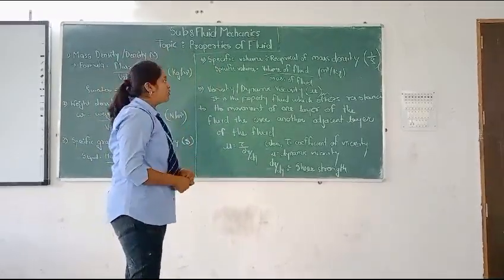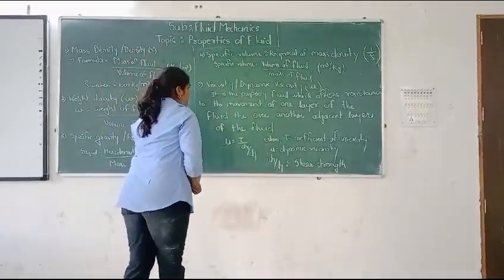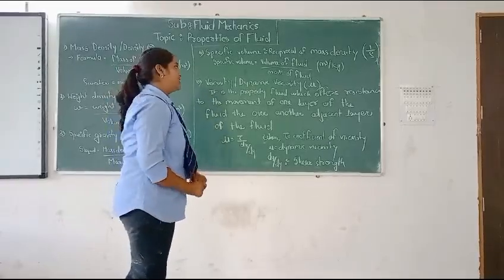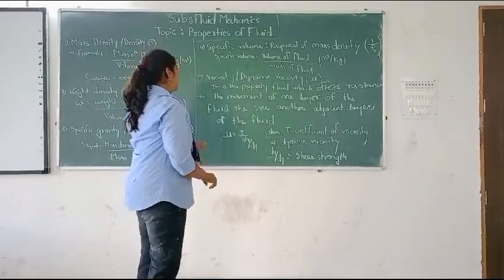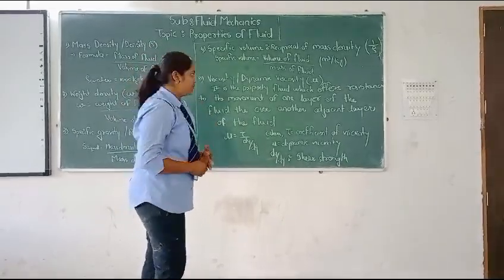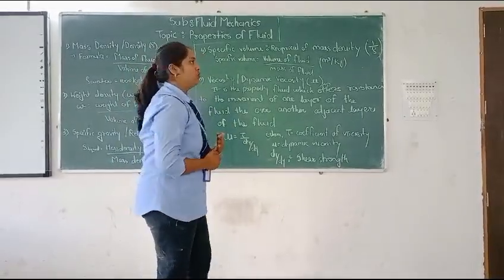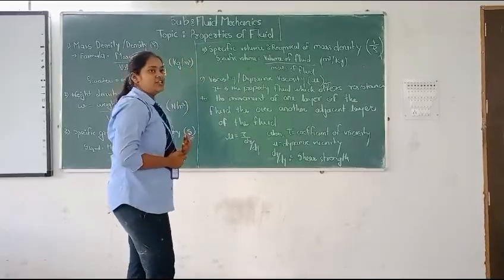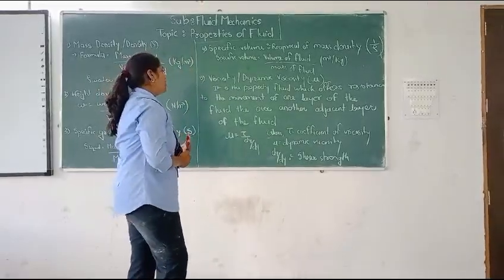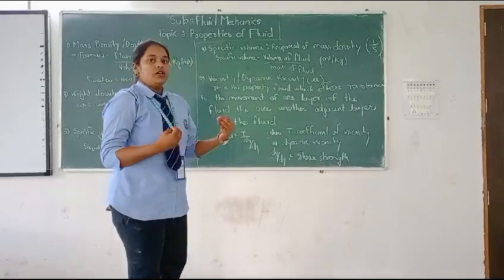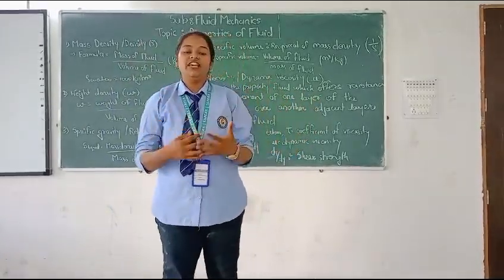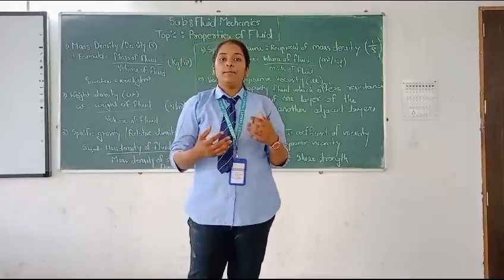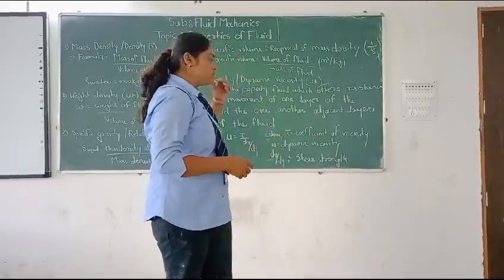So the fifth property is viscosity, which can also be called dynamic viscosity or absolute viscosity. It is the property of the fluid which offers resistance to the movement of one layer of fluid over the adjacent layer of another fluid. We can consider an example for understanding viscosity.